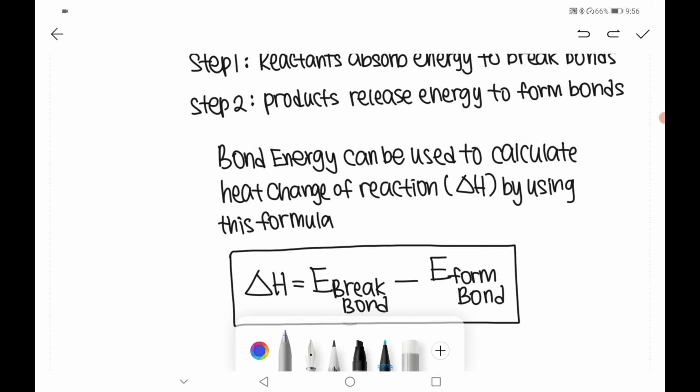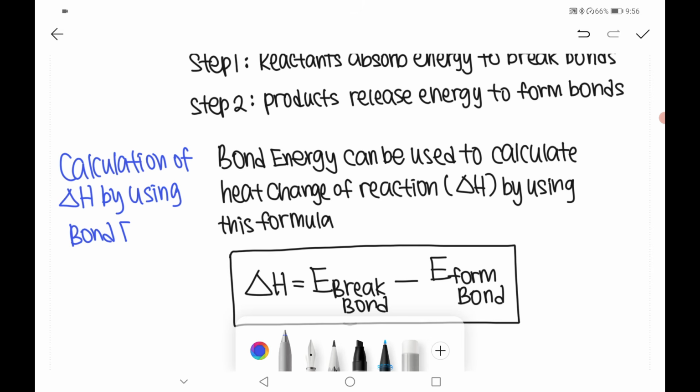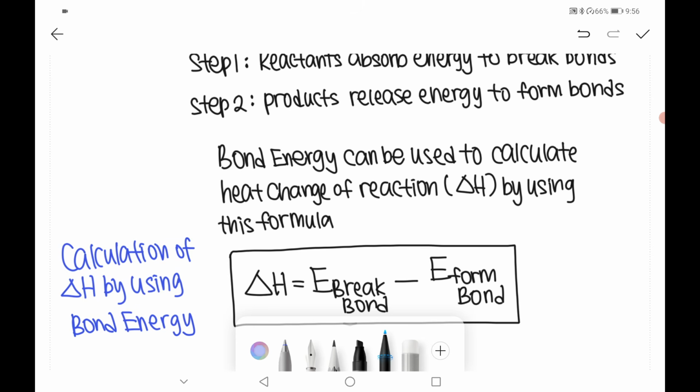In SPM, if they ask you to calculate the delta H by using bond energy, then you need to use this formula.